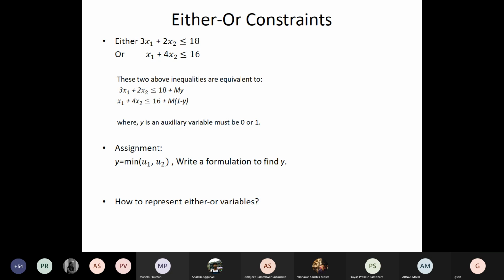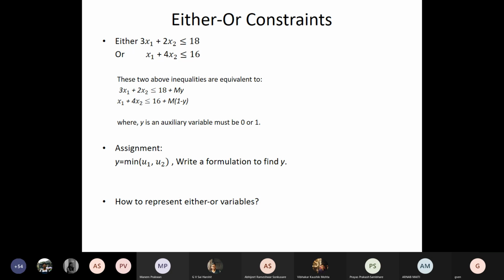What is the either-or variable? y into x1 plus 1 minus y into x2. So in that case, either this variable will be one or the other variable, right?